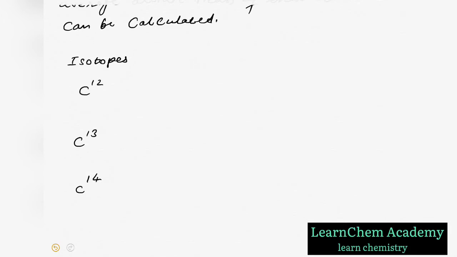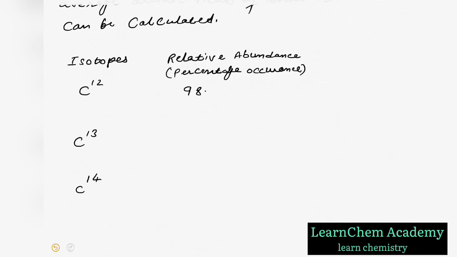Okay, so if we take their percentage occurrence or relative abundance, we can write it here. C12 is present in nature at 98.89%, which is approximately 99%.